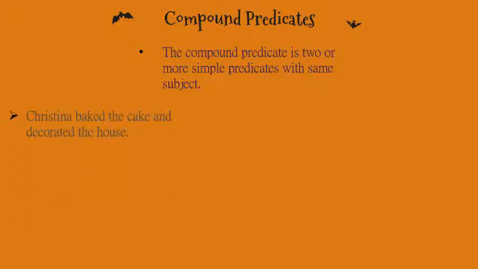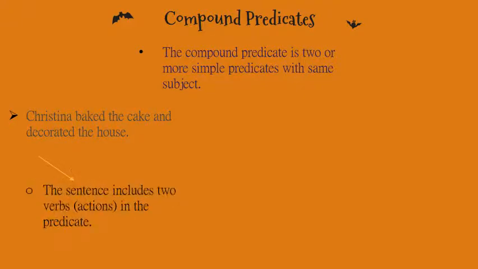Christina baked the cake and decorated the house. What's the sentence telling me about Christina? Baked the cake and decorated the house. So she did two actions. I have two verbs, two simple predicates, baked and decorated. So the sentence includes two verbs or two actions in the predicate.